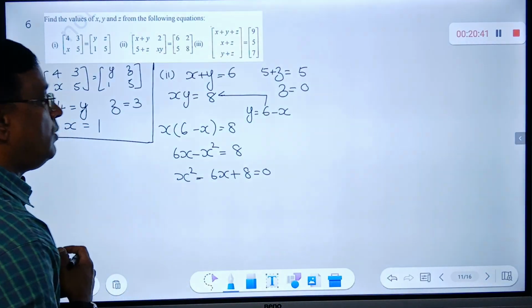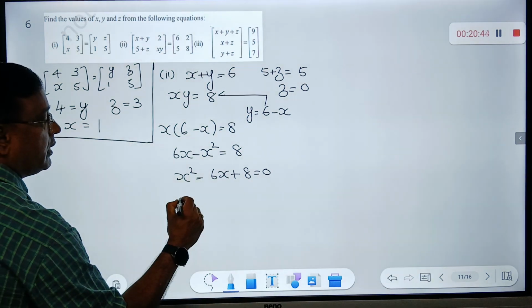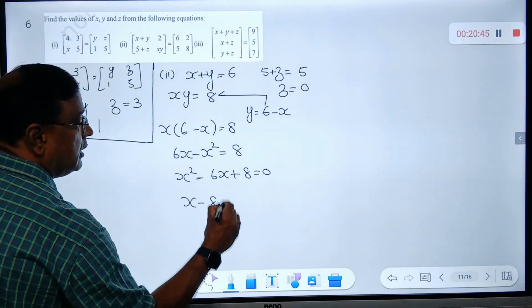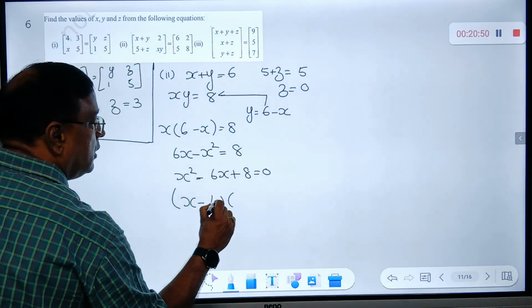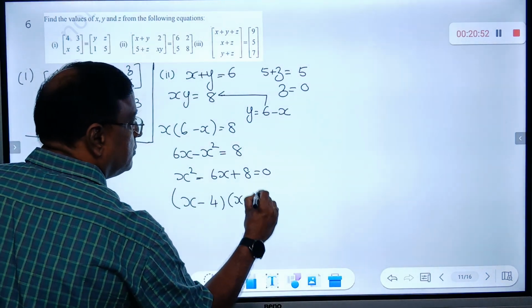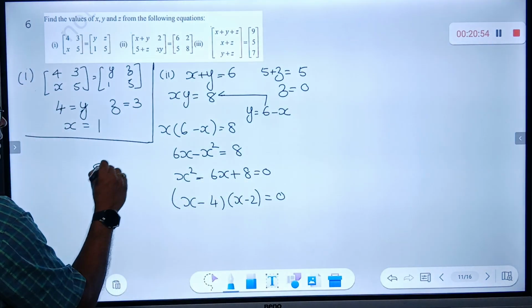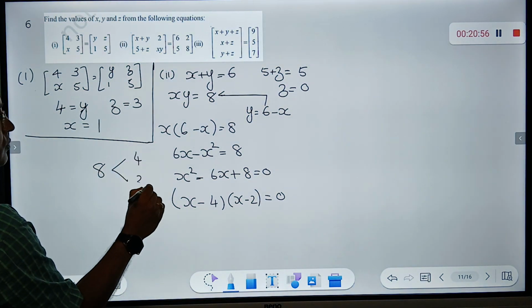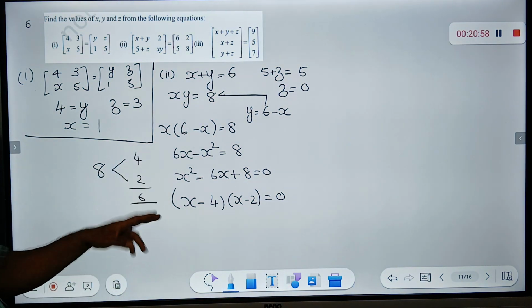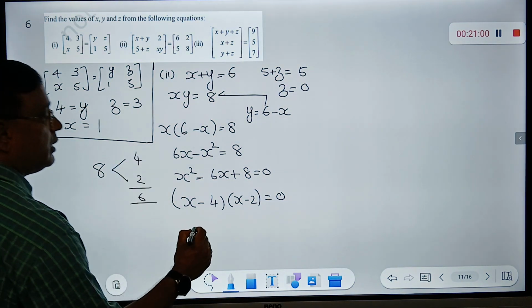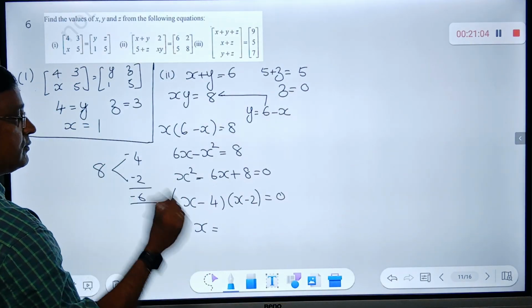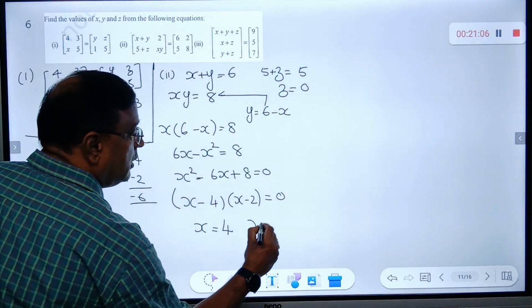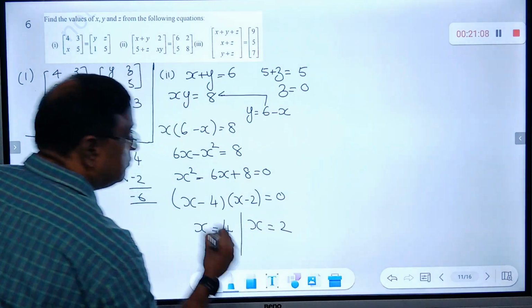Okay, so now what is the answer? The factors are x minus 4 and x minus 2. The factors are: 8 can be split into 4 and 2, so that the sum is 6. So you get x is equal to 4 and x is equal to 2.